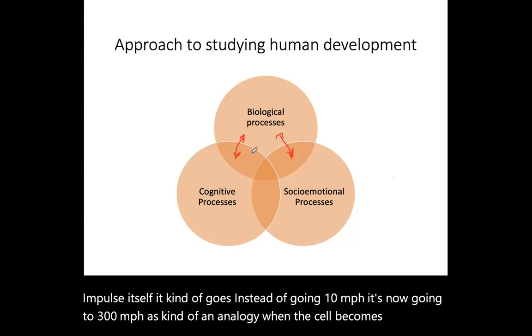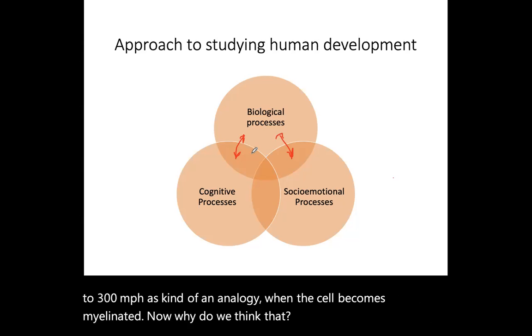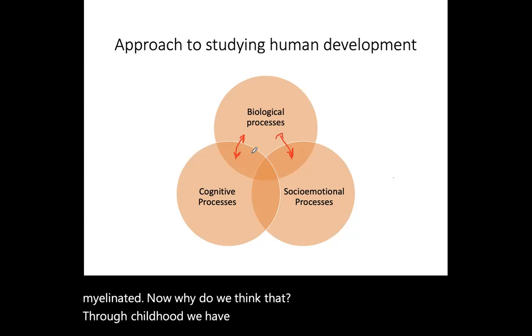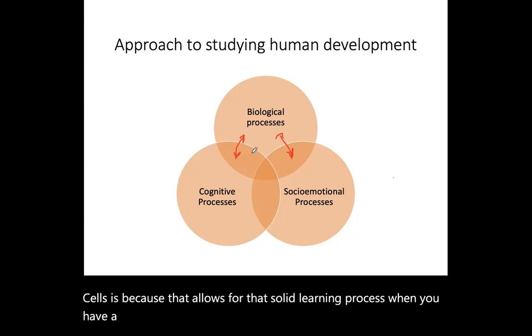Now, why do we think that through childhood we have largely unmyelinated cells? It's because that allows for that solid learning process. When you have a slower brain, the memories and the information are being stored much stronger.